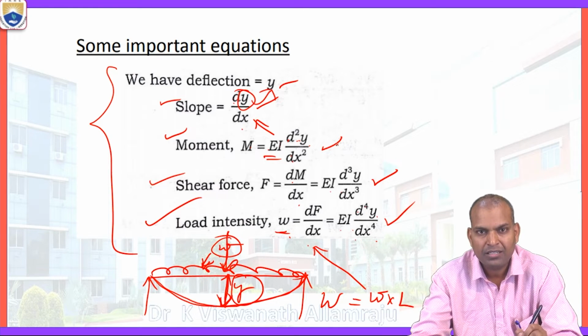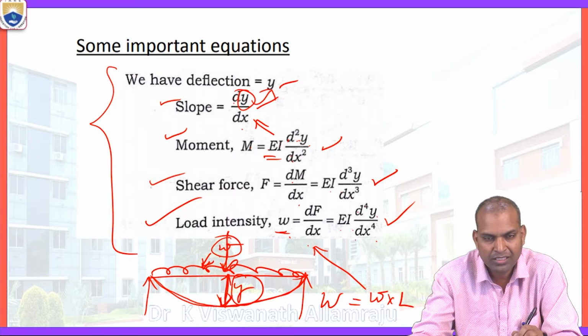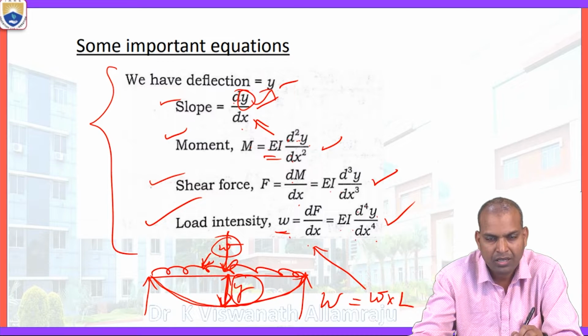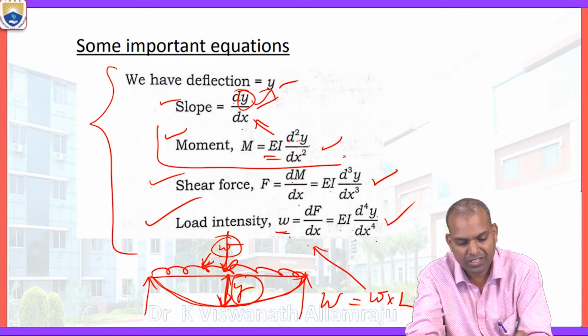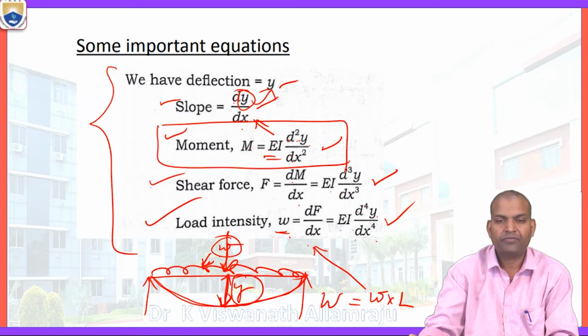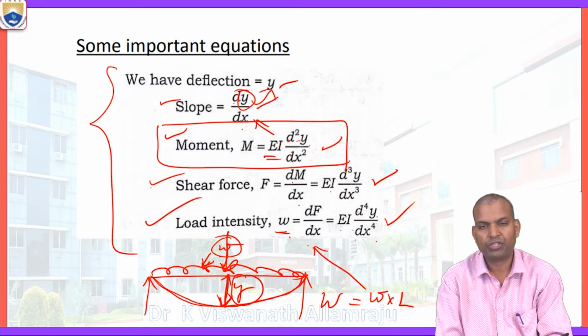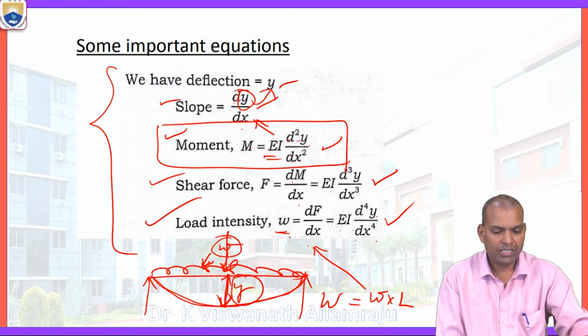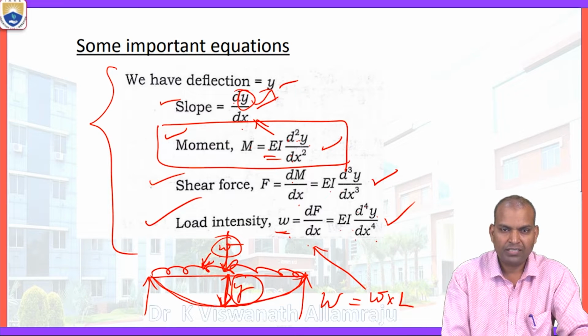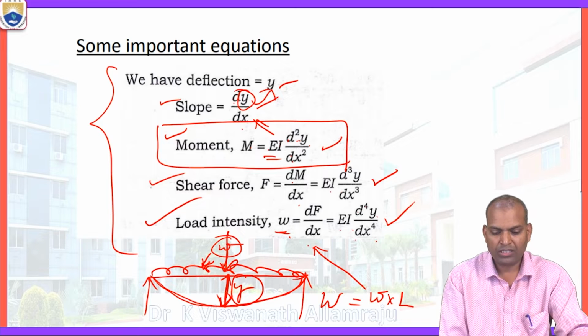So in order to calculate the slope and deflections, the main thing is this equation, the variation of the bending moment at any section of the beam, equal to EI times d square y by dx square. That is required.